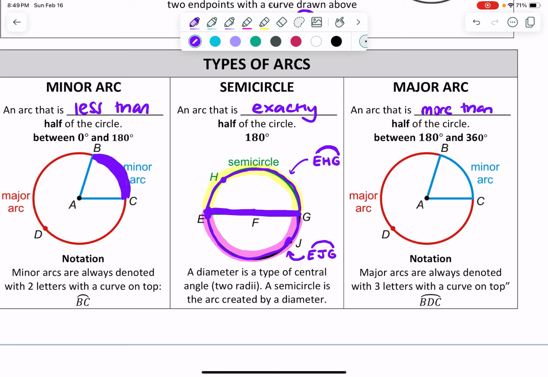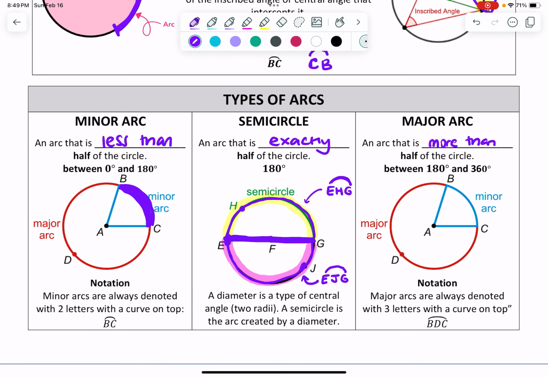Now, when we talk about a major arc, the reason it cannot be exactly 360, well, technically an arc is a part of the circumference, right? It's a portion of, whereas the circumference is the whole thing. So an arc being a part, we don't typically refer to an arc when it's 360. We just say it's the whole circumference.